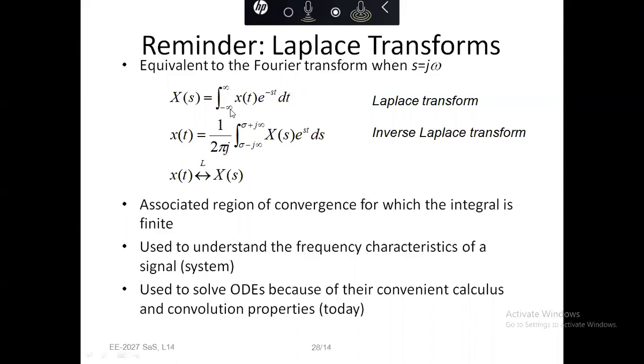When you substitute the limits from sigma minus j infinity to sigma plus j infinity, we have the j component here. So x(t) and X(s) are a Laplace transform pair.